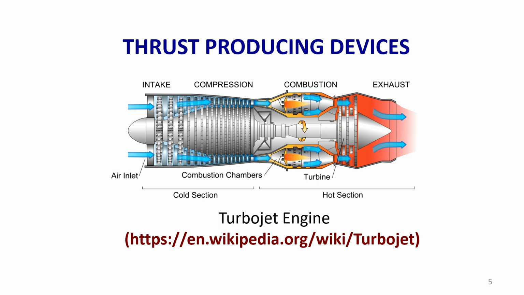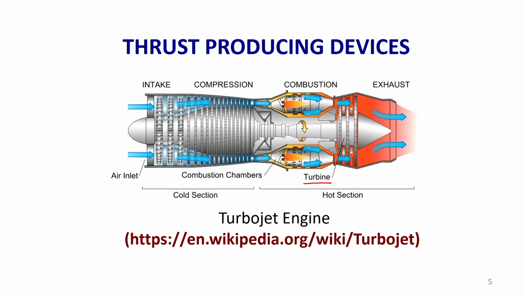From the combustion, you can see the blue color arrow mark, the exhaust gases are taken to the turbine. This is the turbine which produces the work in the turbojet engine. The turbine is a power producing device.